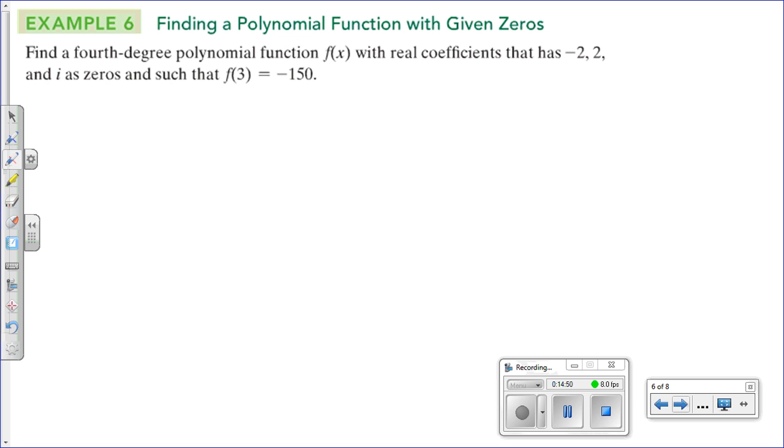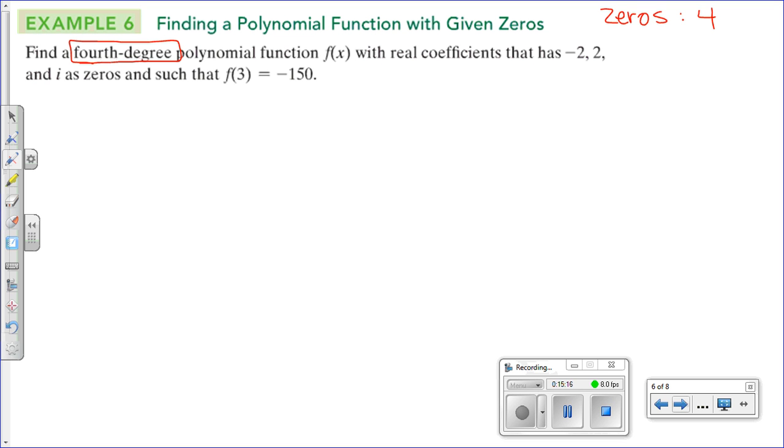So we're finding a 4th degree polynomial. That's actually important because how many zeros are we going to have? 4, right? 4 zeros, including the ones that are occurring more than once.